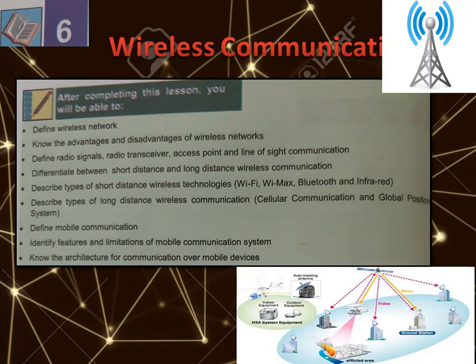Describe types of short distance wireless technologies: Wi-Fi, WiMAX, Bluetooth, and infrared. Describe types of long distance wireless communication and global positioning system. Define mobile communication, identify features and limitations of mobile communication system, and know the architecture for communication over mobile devices.